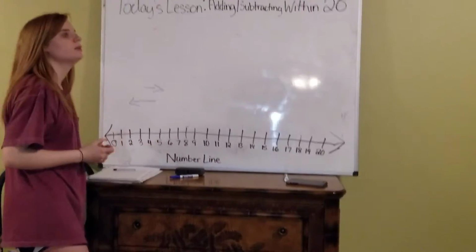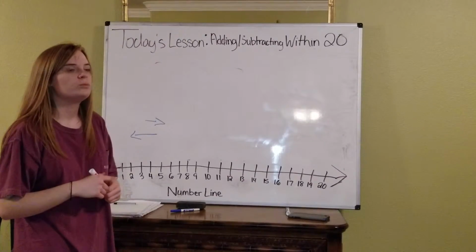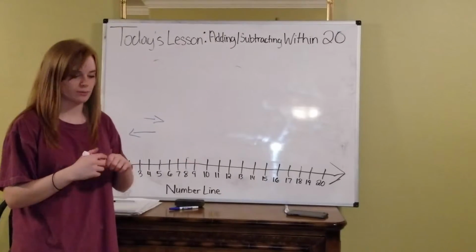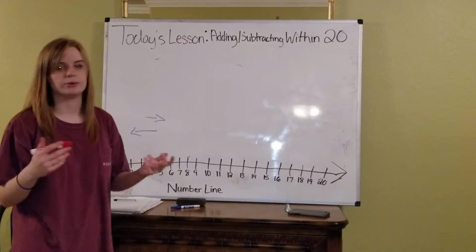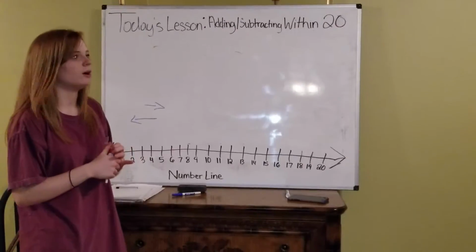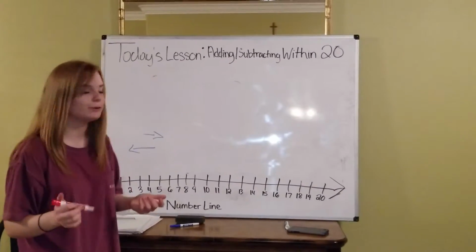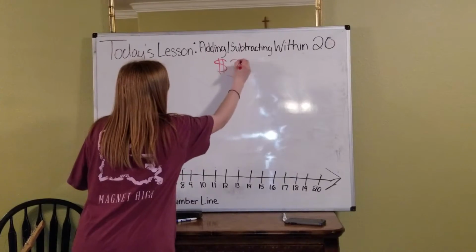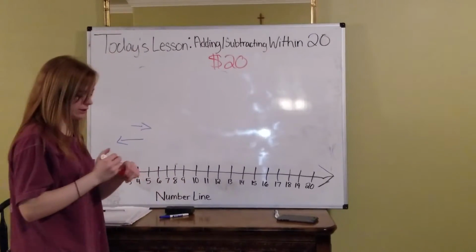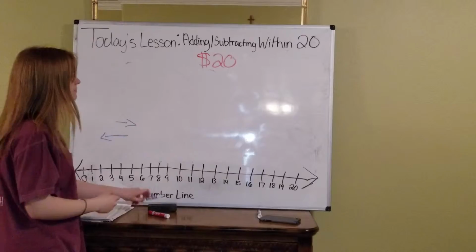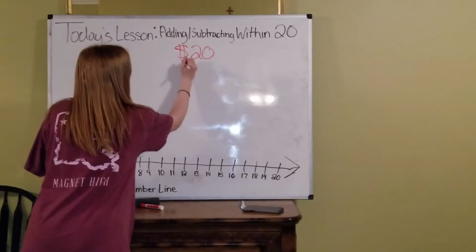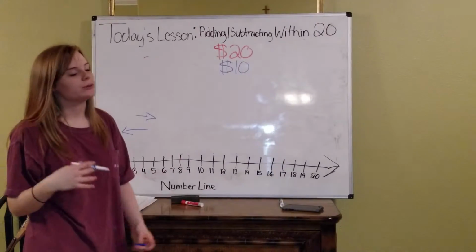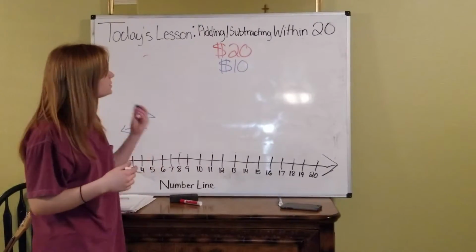Now, if we were to get something that is worth $20, a new game, let's go back to our new game. We want the new Game Boy, okay? The new Donkey Kong Gang, I guess that's what it's called. That costs around $20. But your mom only gave you $10. So you have to do some little community service to get those extra $10.